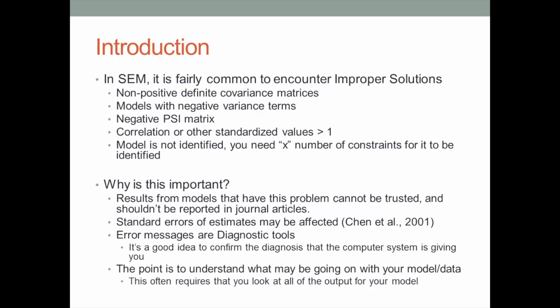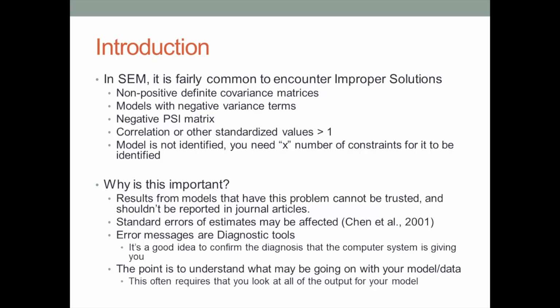It's important, if you get this kind of error, to do something about it. You don't just pretend that it's not there, because a lot of times the program will tell you, yeah, your model ran, but you got this error, and it's important to not just report those results because they might be incorrect. To look into this.